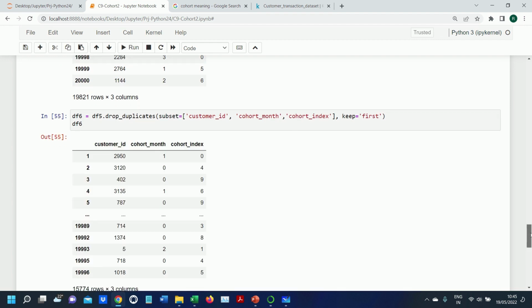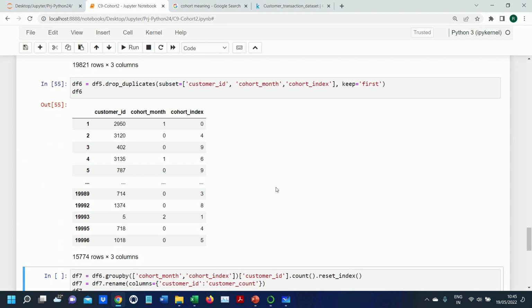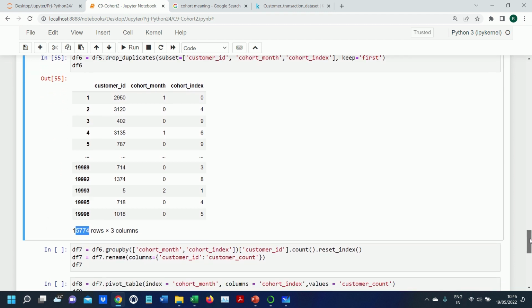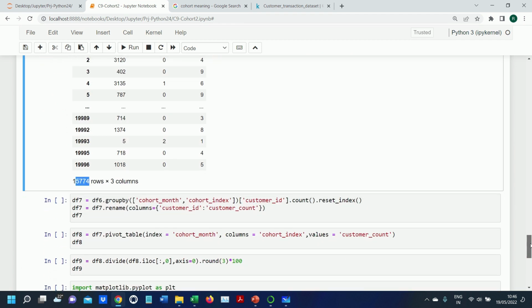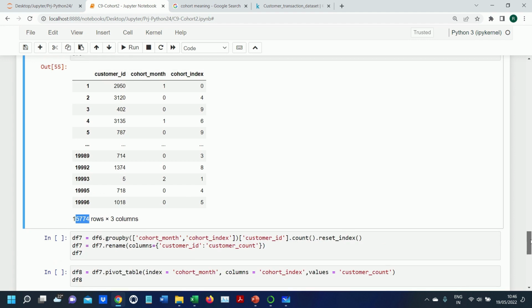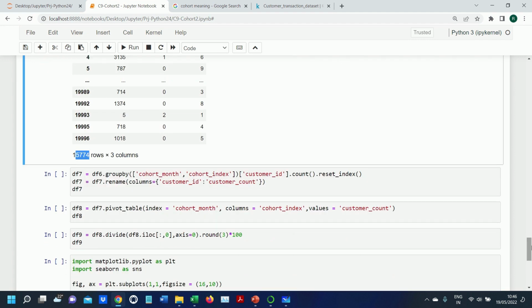See the difference: 19,821 rows got reduced to 15,774. The difference of approximately 4,000 is mostly the same customer doing multiple transactions in a subsequent month. That is how you remove the duplicates.